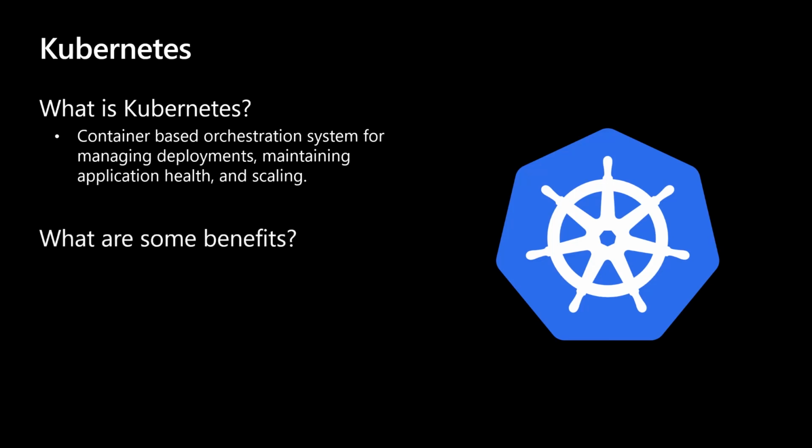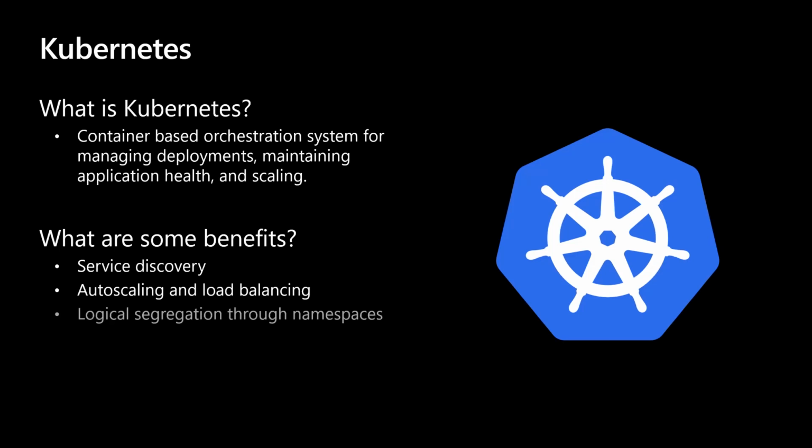Some of the major benefits for running your microservice application in Kubernetes include service discovery, which is the process used by microservices to communicate with each other, autoscaling and load balancing, which increases instances of your microservice as needed and evenly distributes the load, logical segregation through namespaces, which can provide separation between teams and environments, and role-based access control. This is used to restrict the developer's network privileges based on an assigned role.